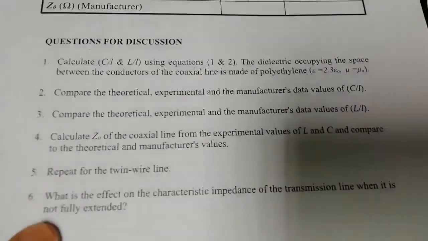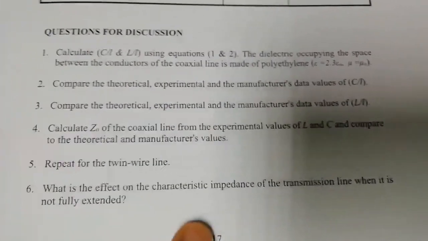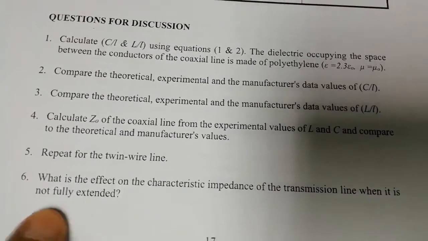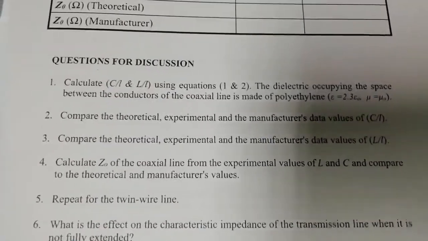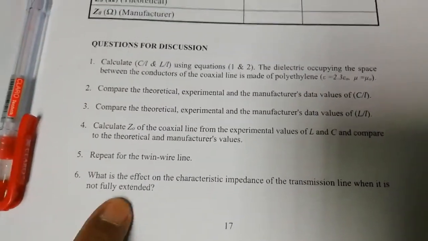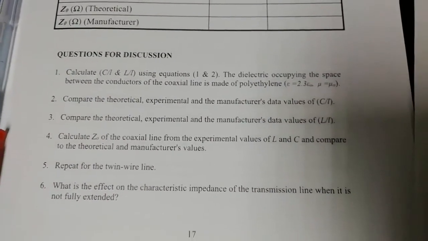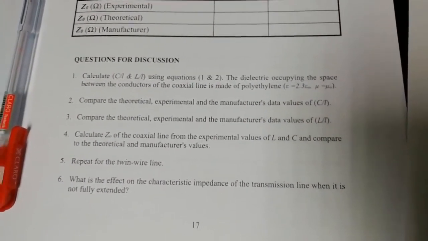You need to answer that, why it has to be fully stretched. This is question number 6. If it is not fully extended, then what will happen? So it has to be straight and fully stretched.